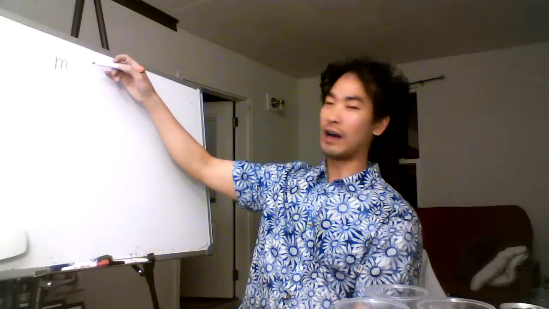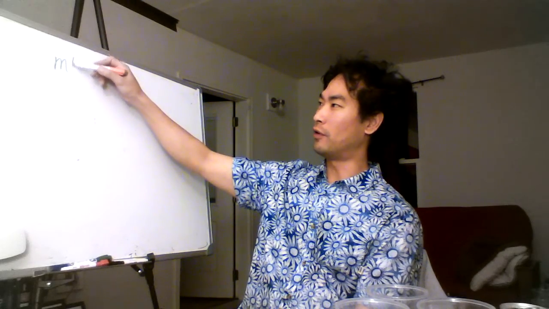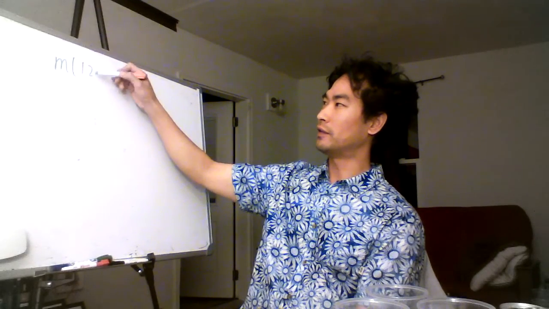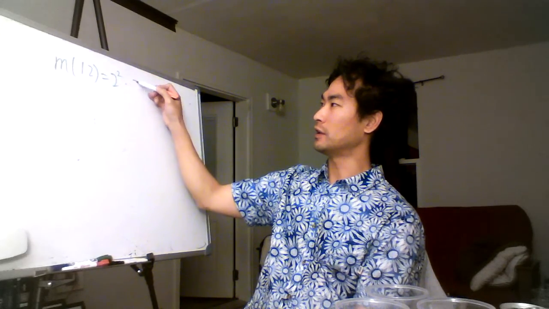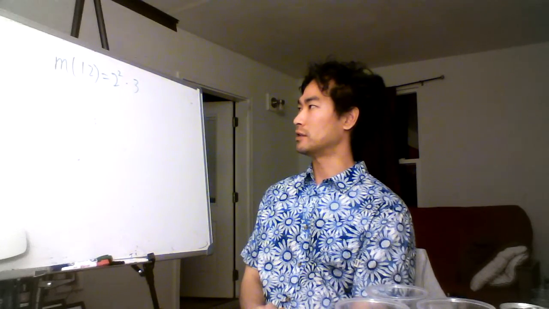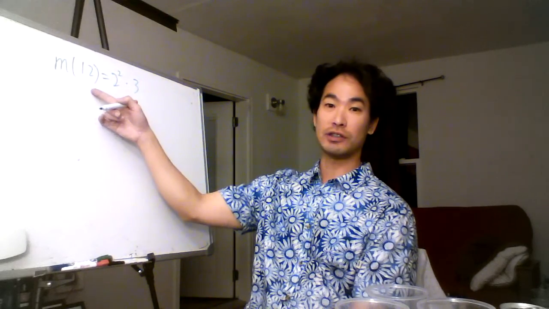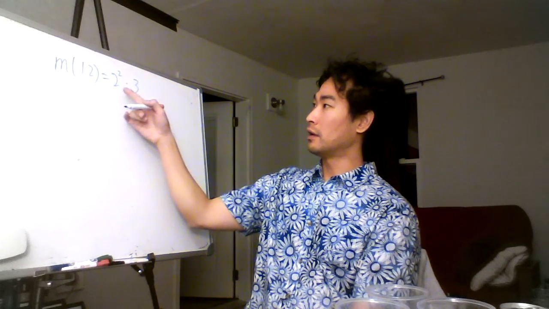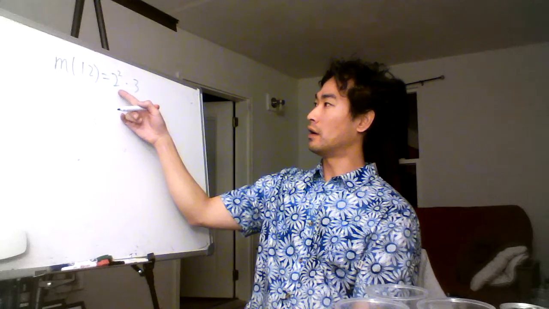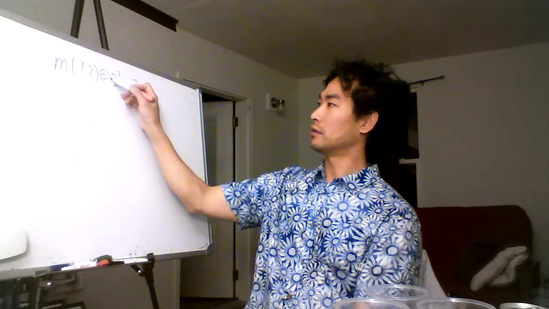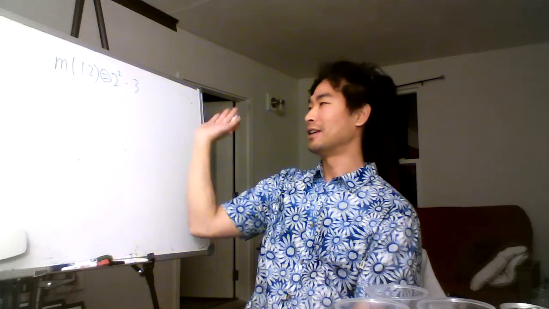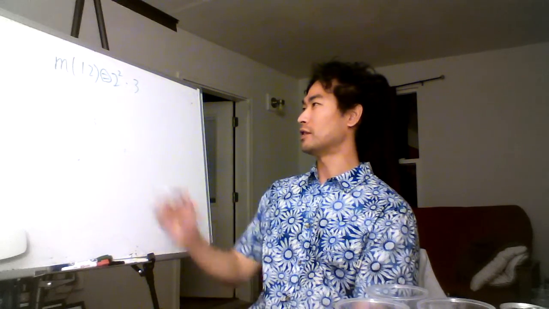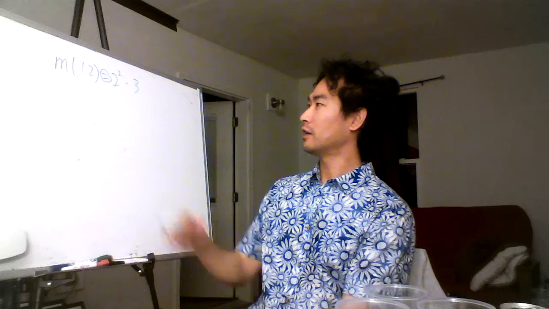M is a morphological transformation. M of, say, 12 is equal to 2 to the second times 3. So the requirement is this. It's a morphological transformation. Morphological equality, okay, but we'll just put it as a regular equal sign.